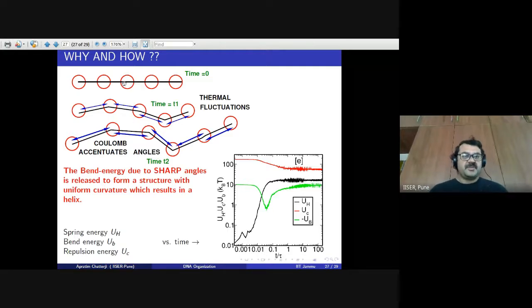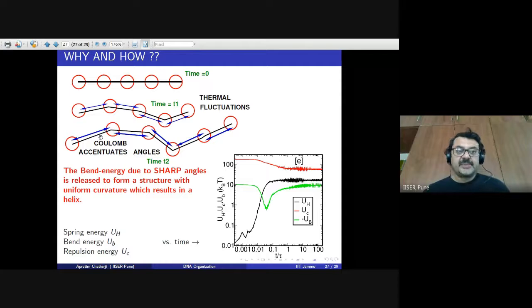So suppose there's a perfectly straight polymer chain at time t equal to 0. Thermal fluctuations will put in some conformation, some bends in the polymeric chain if it's a semi-flexible polymer. Now, when you suddenly switch on repulsive Coulomb interactions, all of these monomers will try to move away from each other using forces parallel to the bond vector.